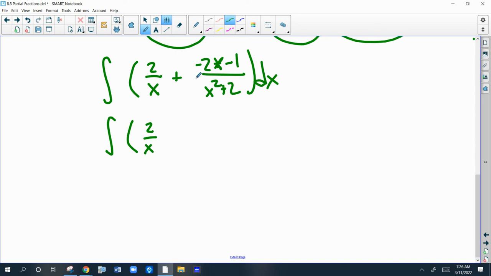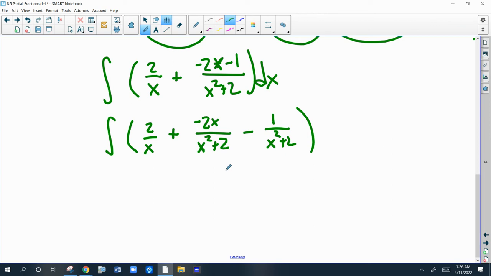So that looks pretty promising, but that minus 1 is getting in the way, so I'm going to split up my fraction. Just like that. So you know you can do that. Anytime you have a fraction, you can split it up as long as you keep the denominator intact.